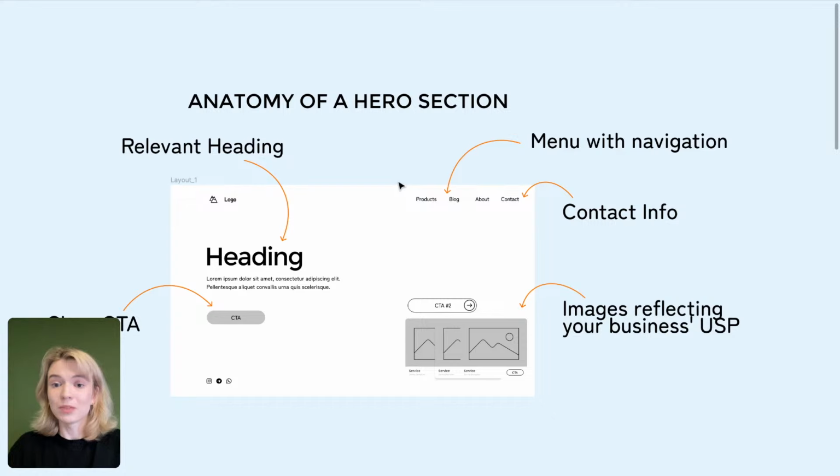Finally, when we are talking about menu, there is also an important aspect. It's the contact information. Some people separate contact information from the menu, but usually they go hand in hand, they go together. So either it's a separate button with the contact information, and here you can include any type of form, so the clients or users can reach out to you, or maybe you can even include your phone number.